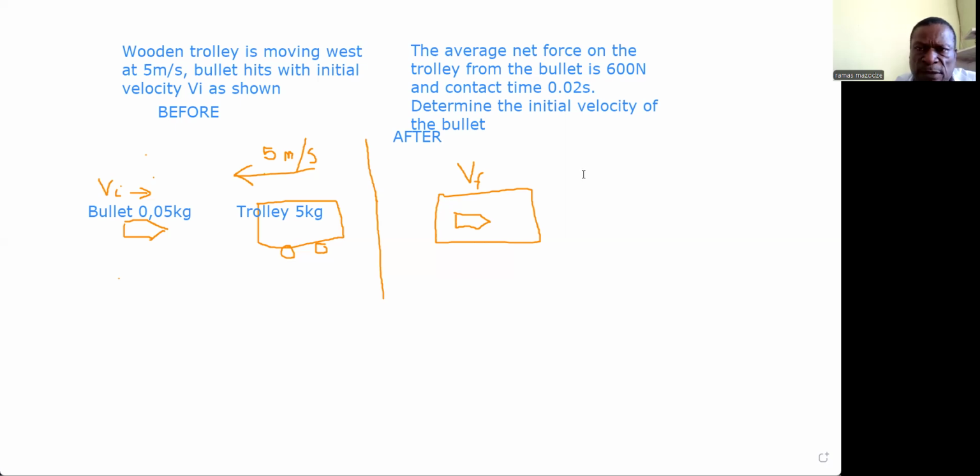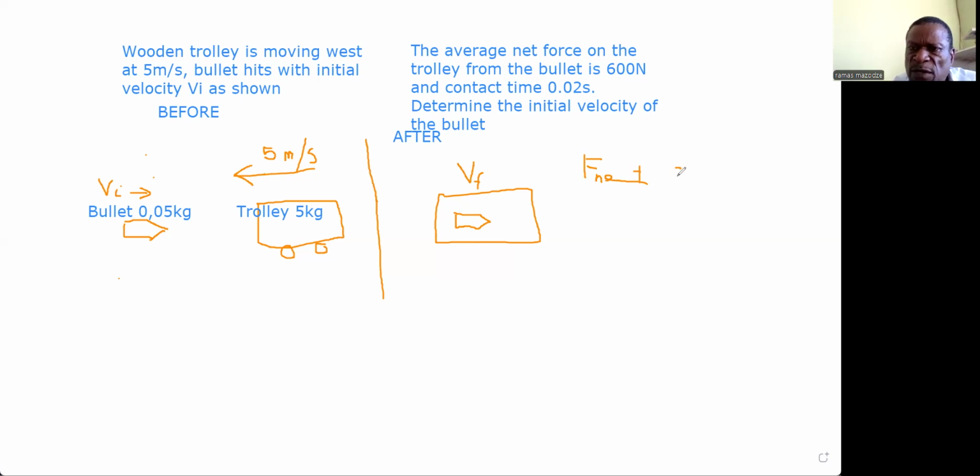Let me see if I can do that quickly. So, F net equals delta P over delta t.